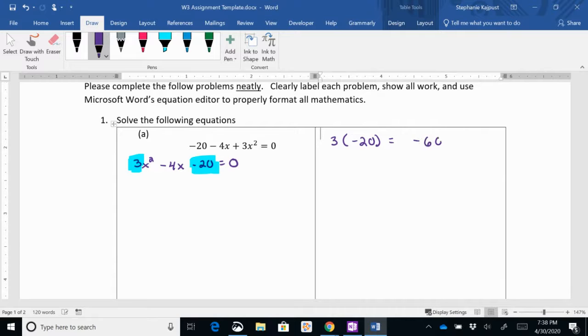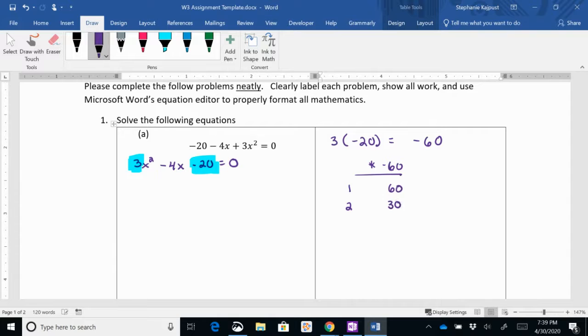And so that gives me a negative 60. Now what I'm going to do is write down all of the pairs of numbers that multiply to negative 60. I'm just going to write every single thing that multiplies to negative 60, all the pairs. So 1 and 60. I'm going to ignore the negative sign for now.